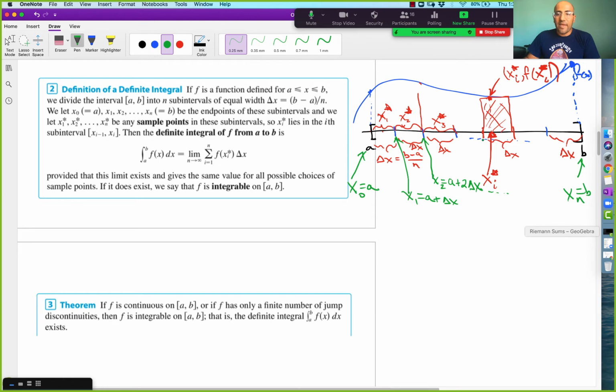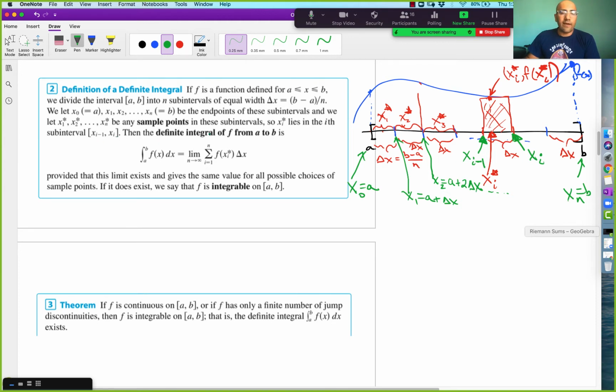So based on our description of everything, it's going to mean that this guy is going to have endpoints of x sub i, and this one is going to be x sub i minus 1. Right? It's pretty heavy on the notation, I know, but hopefully this is review. And also keep in mind that you can always go back to chapter 5 or your notes from calculus 1 if you need to be reminded a little bit.